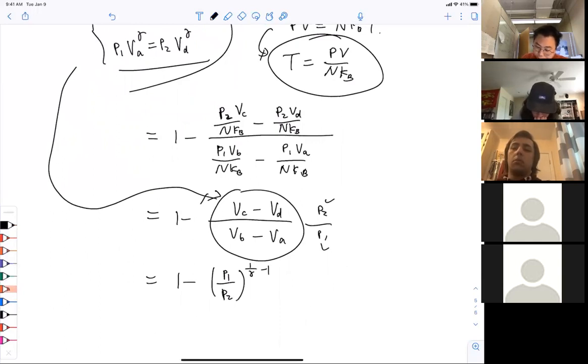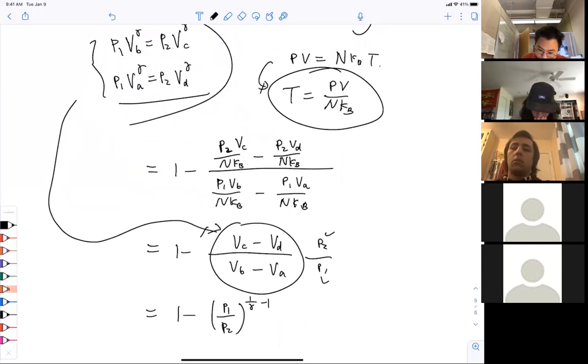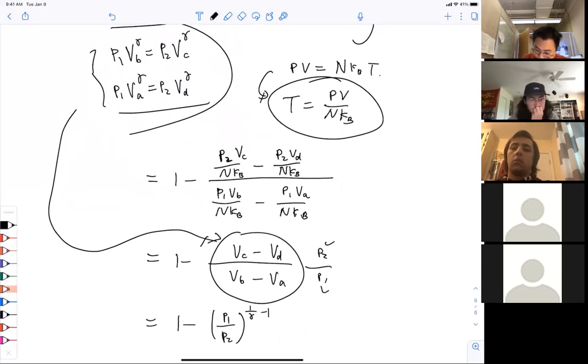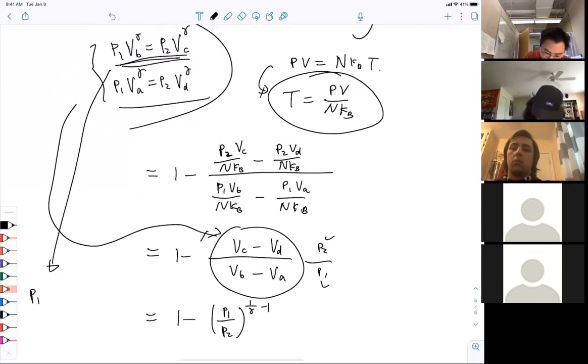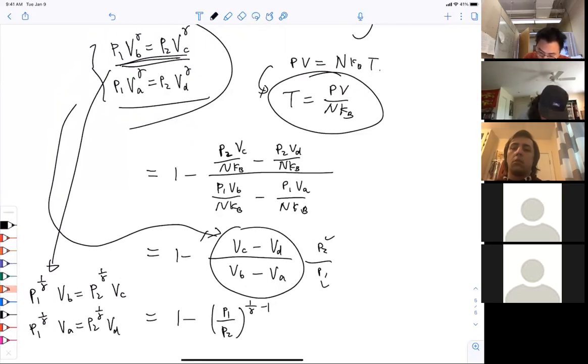To do that, for the first equation, it's P1 VB^gamma equal to P2 VC^gamma, and plug in.